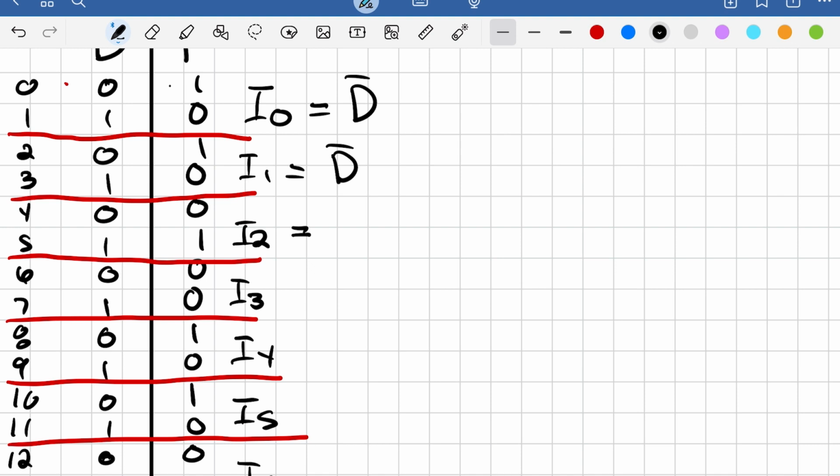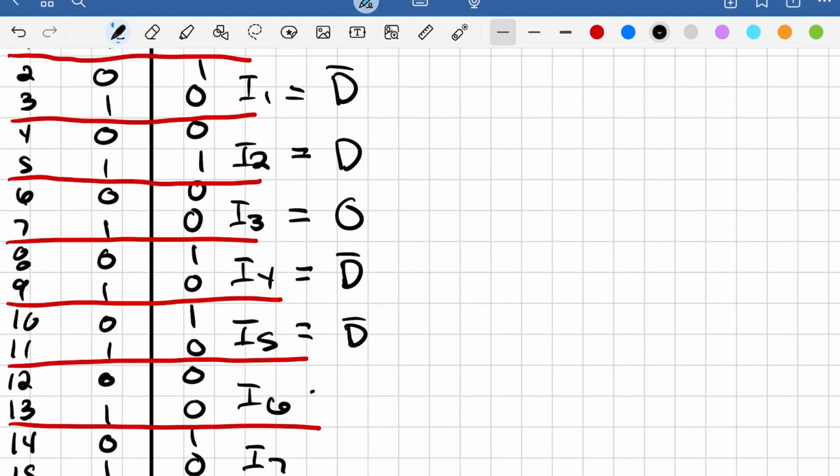Our I2 is equal to D. Our I3 is equal to 0 because it's always 0. Our I4 is equal to D prime. I5 is D prime. I6 is 0. And I7 is D prime.